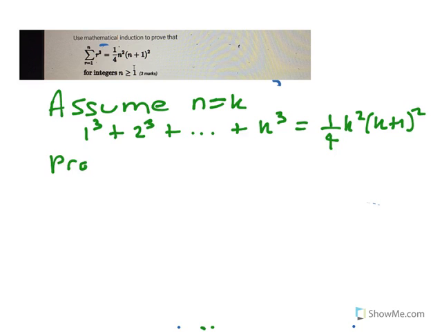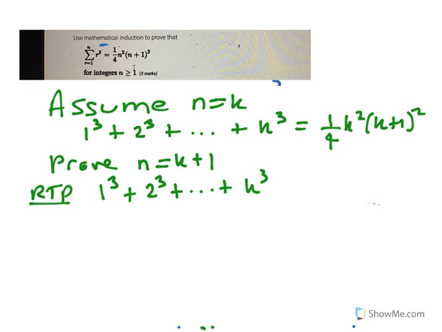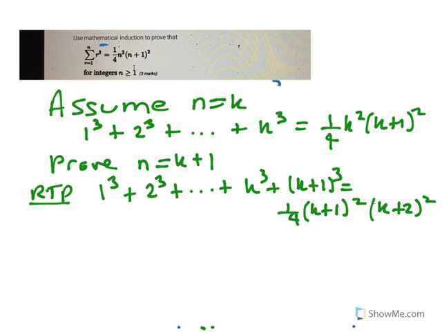And then we want to prove for n equals k plus 1. So we're required to prove that 1 cubed plus 2 cubed up to k cubed plus k plus 1 cubed equals 1 quarter k plus 1 squared, k plus 1 plus 1, which is k plus 2 squared. Because if you look at that, it's k plus 1 and then plus 1. That's where you get your k plus 2 squared.